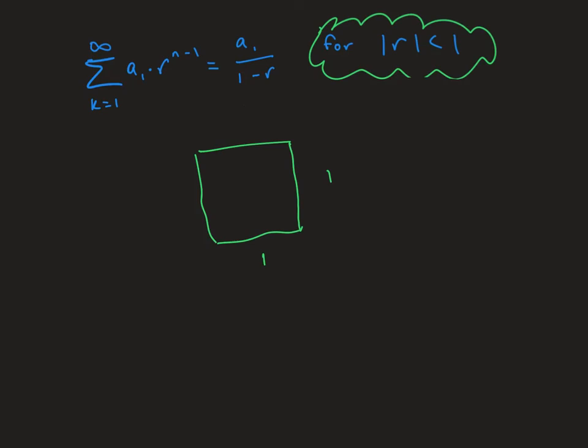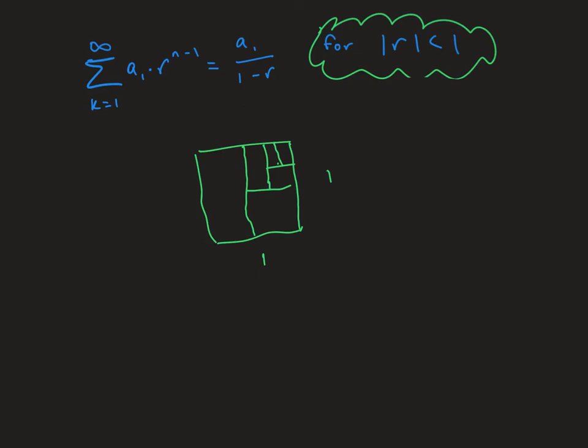Let's cut it in half. And then let's cut what we cut in half in half. And let's cut what we cut in half in half in half, and so on. And you'll see that we keep cutting our halves in half. And let's add up all those pieces.